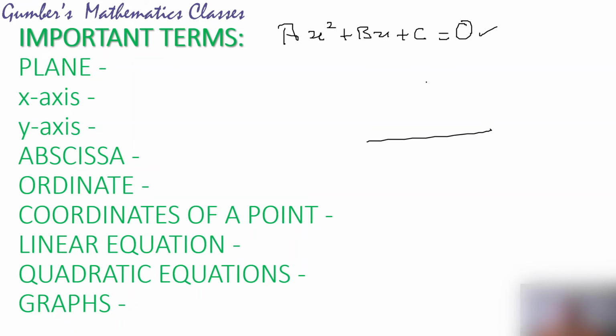And the graph for the quadratic polynomial and equation is always a parabola, and the points where it intersects the x-axis are the points of zeros. These are the points where the value of y becomes 0.